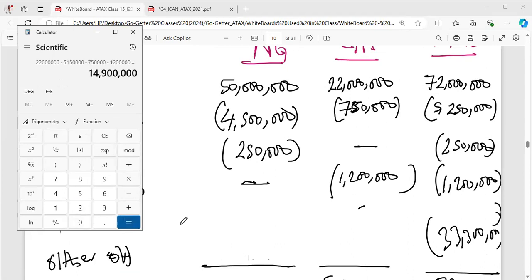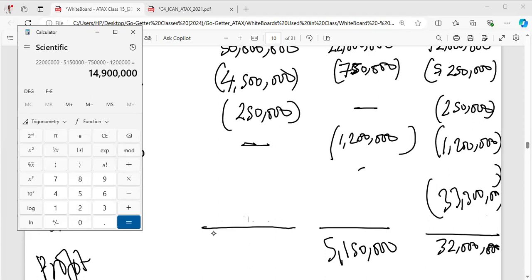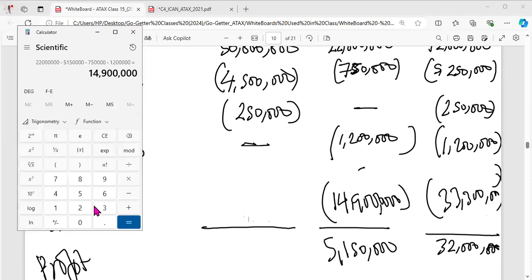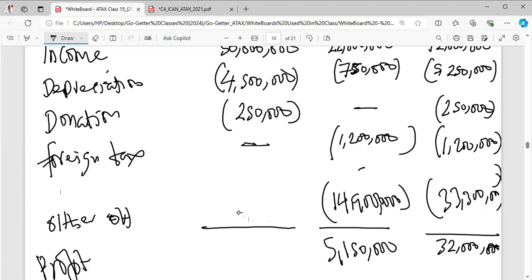That means this is 14,900. If this is 14,900, what will be the Nigerian part? Let's take it away from 33,300. Nigerian part will be 18,400.